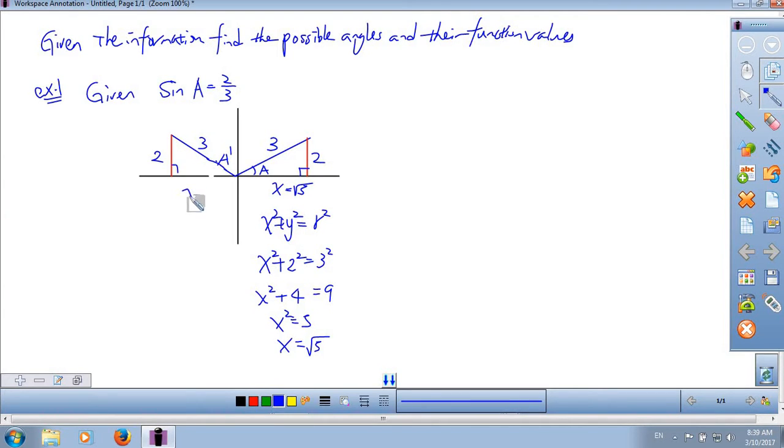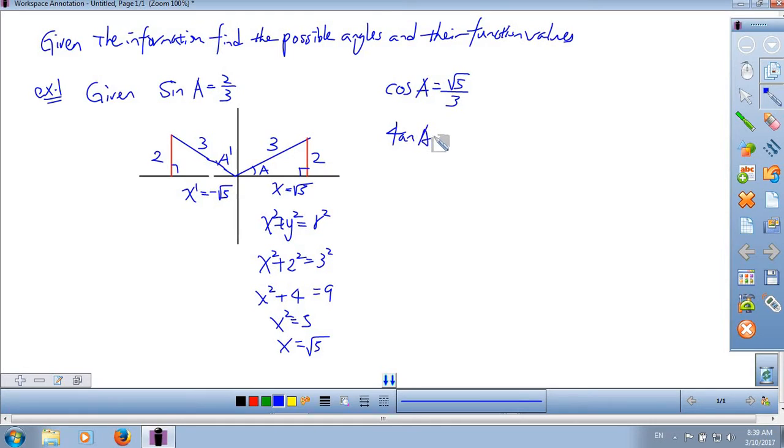However, x prime here on the left-hand side will be negative square root of 5. Why is that? Because x is in the second quadrant, so it goes in the negative direction. Remember, this is the positive, this is the negative. So we have two angles, and we can find our function values now. Cosine A will be square root of 5 over 3, so x over r.